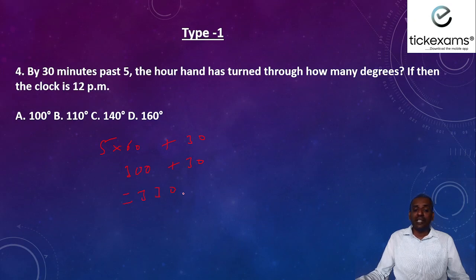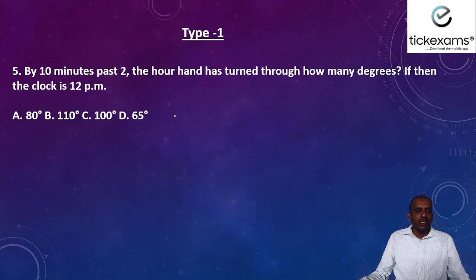This is the total minutes, 330 minutes. Now each minute it covers 0.5 degrees. So 330 into 0.5 is nothing but half of 330, which will be 165 degrees. So option D, actually it is written as 160, but it will be 165 degrees.